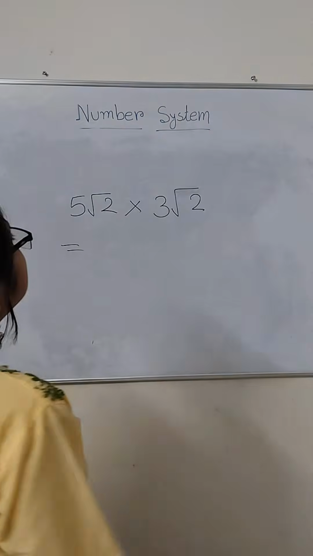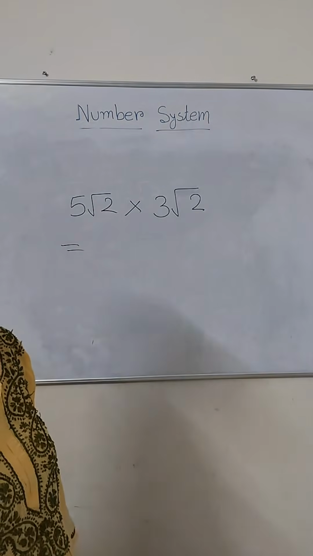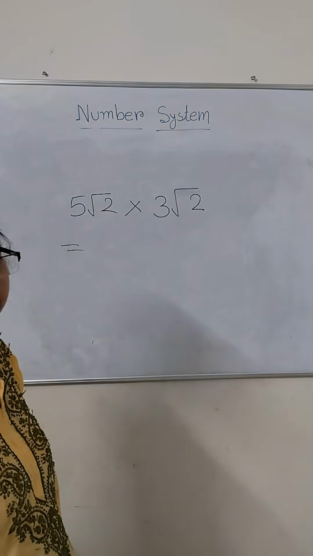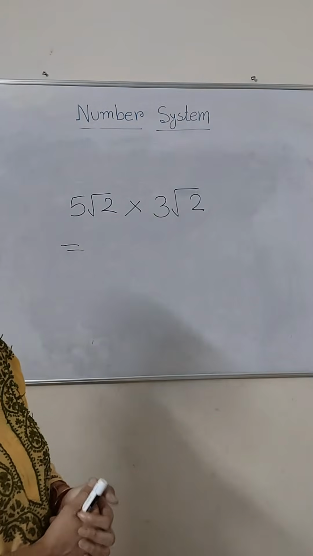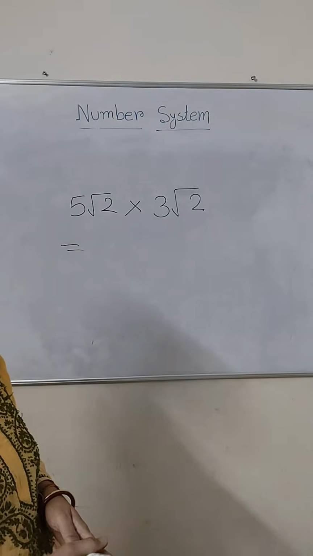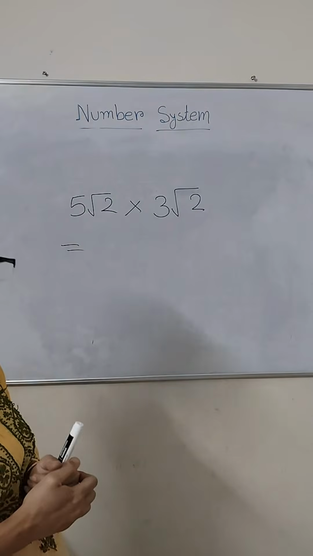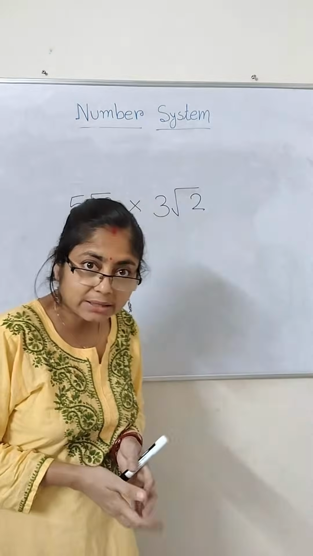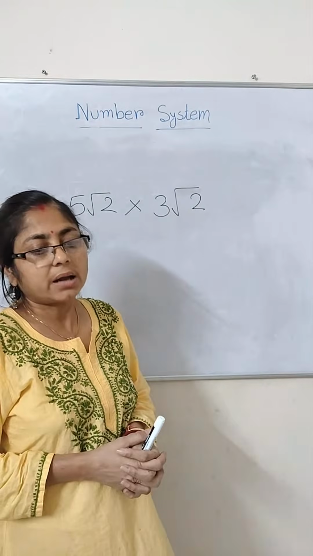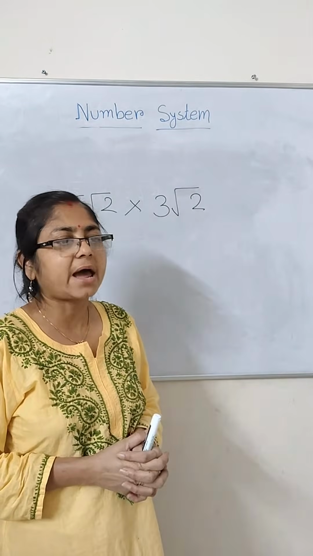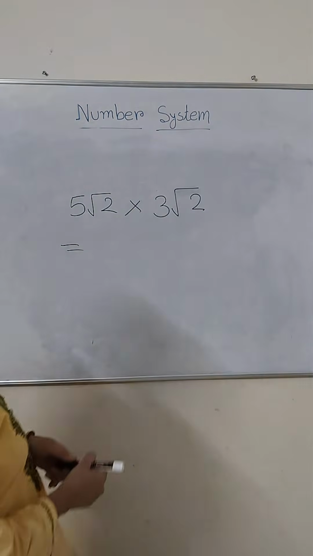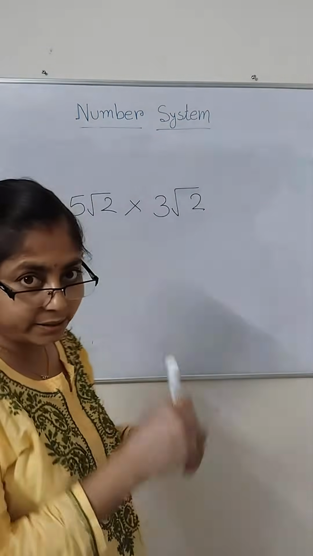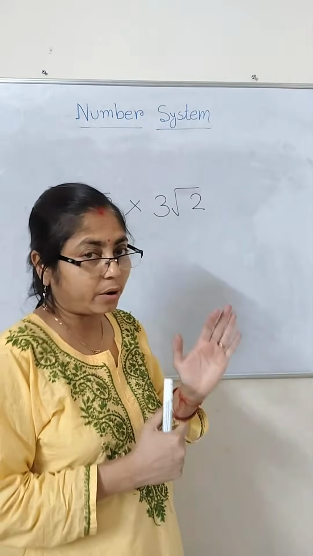If anybody knows, if anybody completes the math, please write the answer in the chat box. Please write. Okay. Now I start to do it. Then I will tell that kid's name if anybody writes.